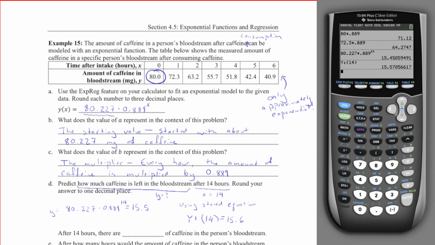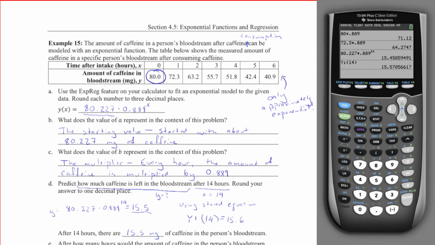That's really, really close, right? 15.5 versus 15.6. I'm going to use the one from the rounded equation in giving my answer. There are about 15.5 milligrams of caffeine in the person's bloodstream.